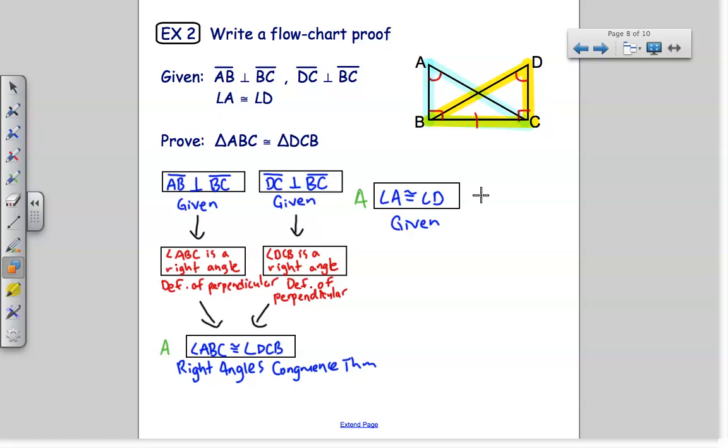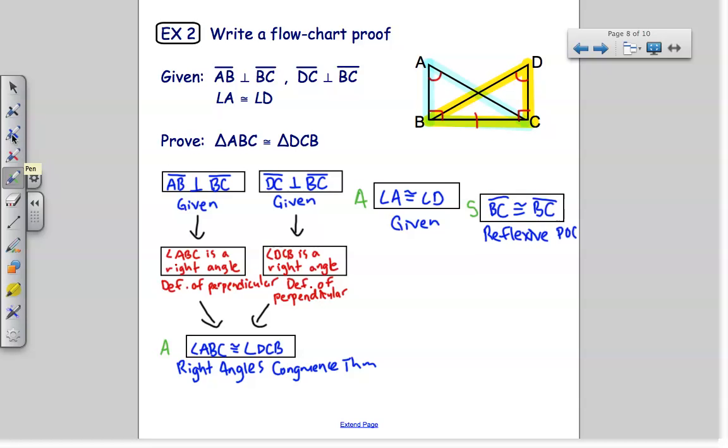So I'm going to do another box up here. And I'm going to state that side BC is congruent to itself, side BC, and you should be getting familiar with this. What tells that something is congruent to itself is reflexive property. And here it's a property of congruency. And look at that, now we have a pair of sides being congruent.